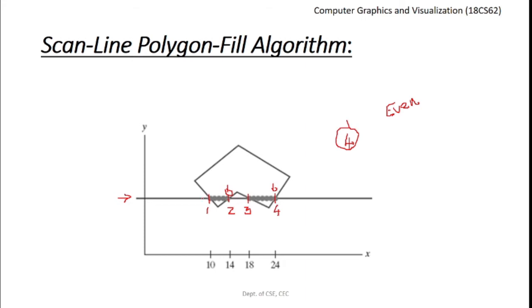Whenever we come across an odd numbered intersection, we start filling the scanline with the given color, and for every even numbered intersection, we stop filling it. Similarly, at the next odd numbered intersection, we start filling the polygon with the given color, and at the next even numbered intersection, we stop filling it. So remember, for a given polygon, for every scanline, the total number of intersections against the polygon boundaries or the polygon edges should be an even number.